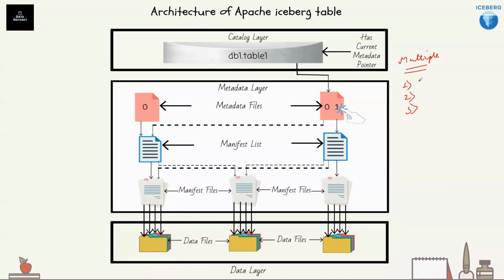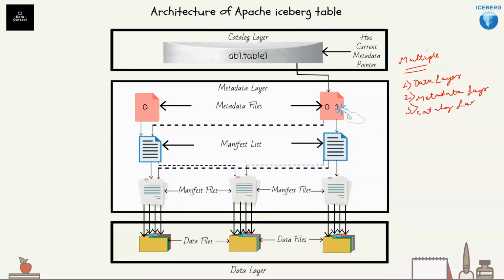The first layer, you can say, is the data layer, which is the most important amongst all of them, because first of all we need data to actually see it through the table. First of all, data should be there. Then we have the metadata layer, which is the second most important part of the Apache Iceberg table format. And then we have the catalog layer.